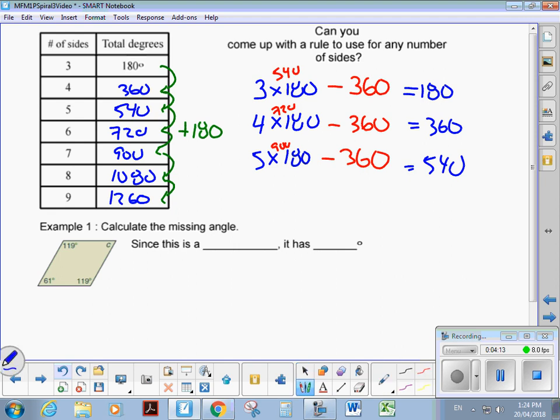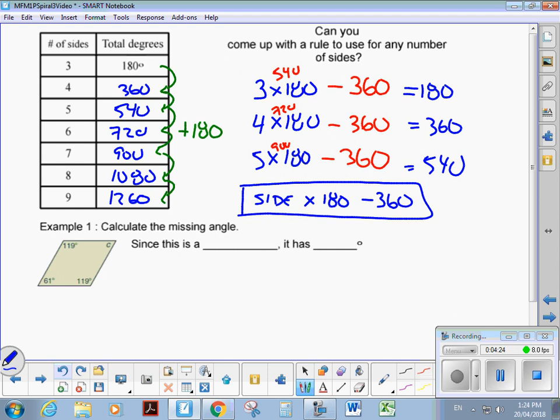So the number of sides multiplied by 180, subtract 360. So there is our rule or equation to determine the sum of the angles inside a multi-sided shape. All right, do you have to memorize this? No, because you can create your T-chart again and find the pattern and figure it out from there. All right.